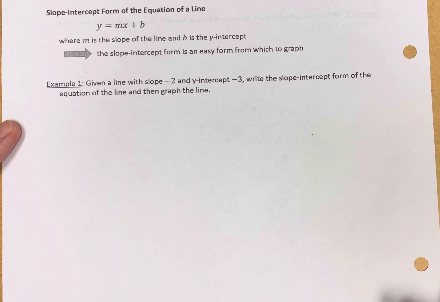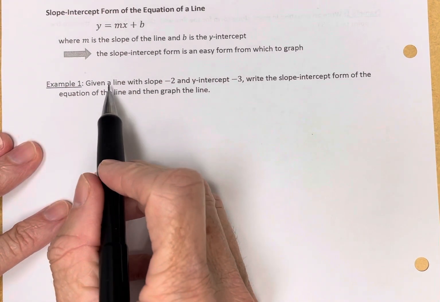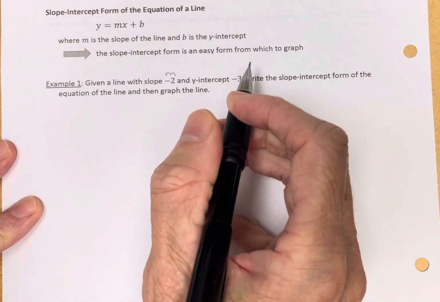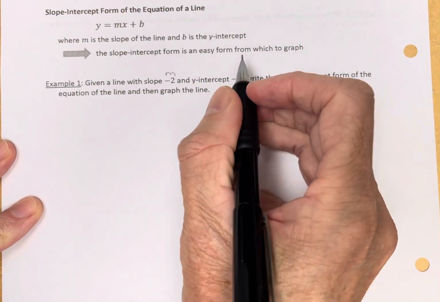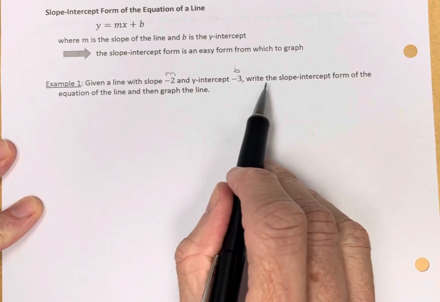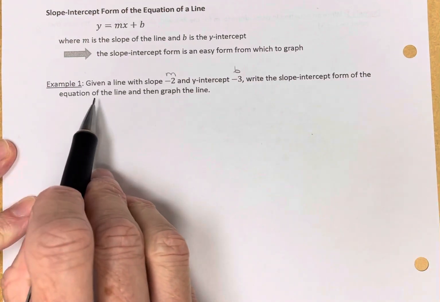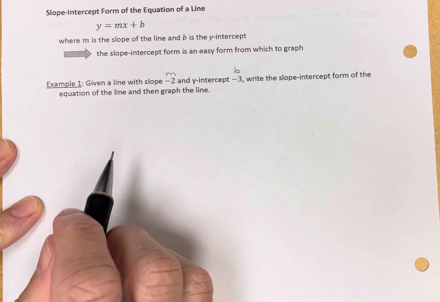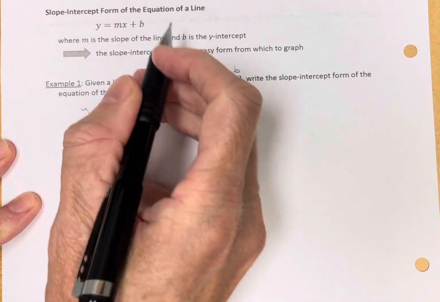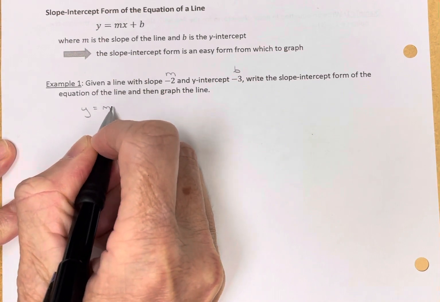Okay, let's take a look at our example. Let me make sure to leave that formula there for us. Given a line with slope -2, well, that's m, and y-intercept -3, well, that's b, the y-intercept. Write the slope-intercept form of the equation of the line and then graph the line. Well, the slope-intercept form is here. I'll copy that down.